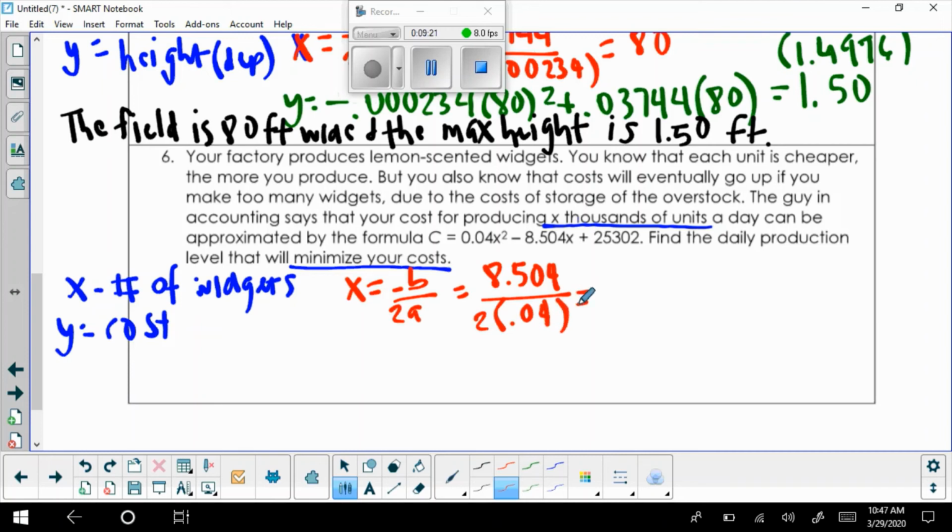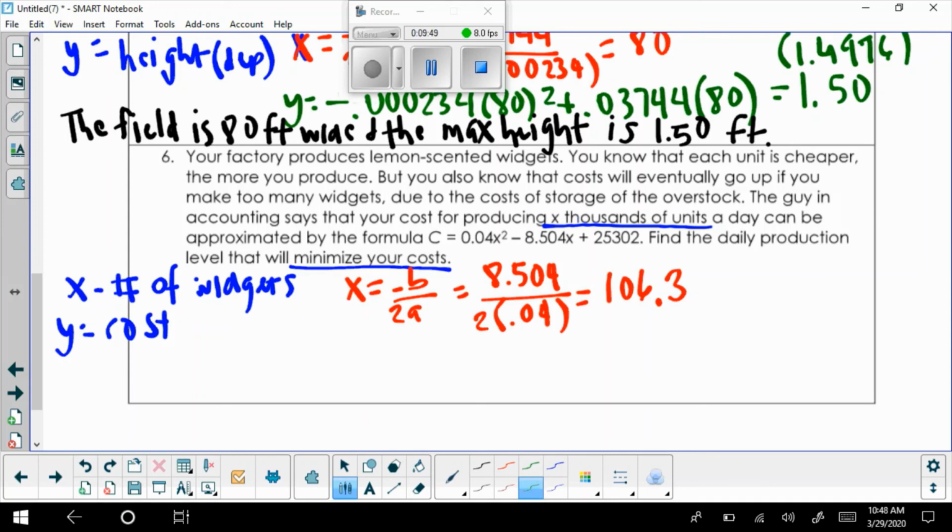So we're going to type that in our calculator. Go to your fraction, 8.504 over 2 times 0.04. So 106.3 is what you get for your X.